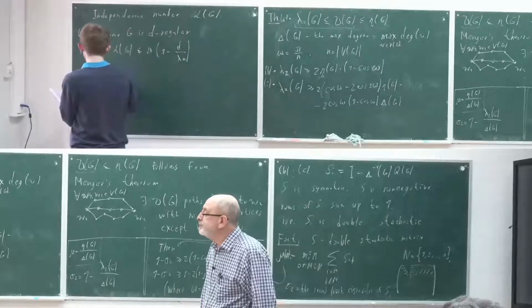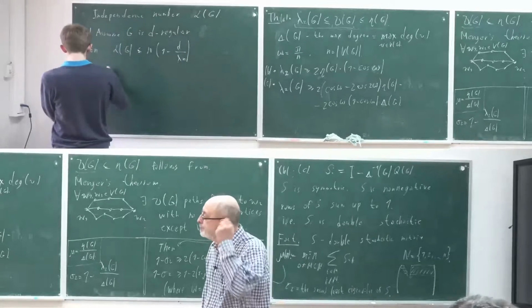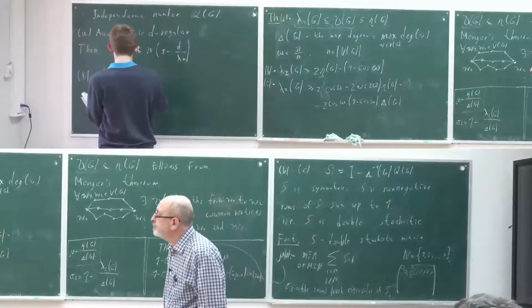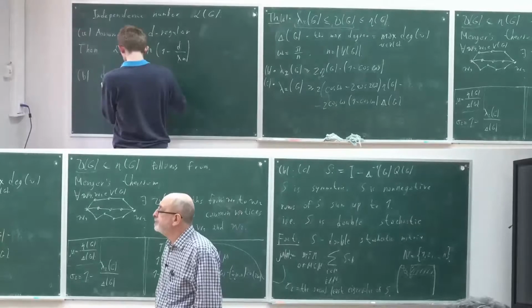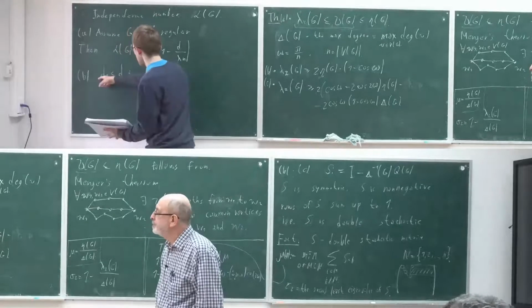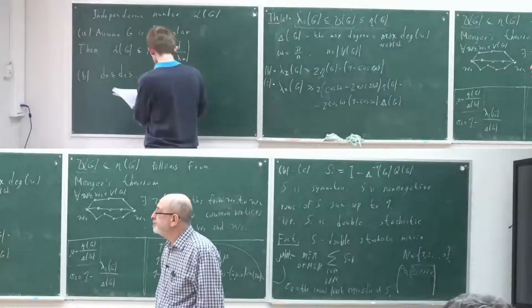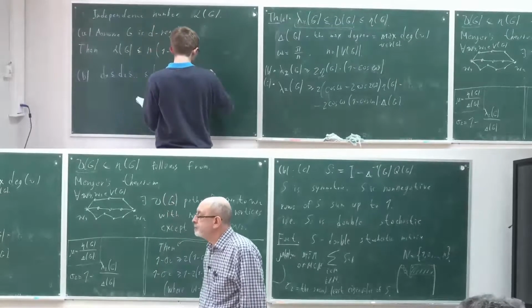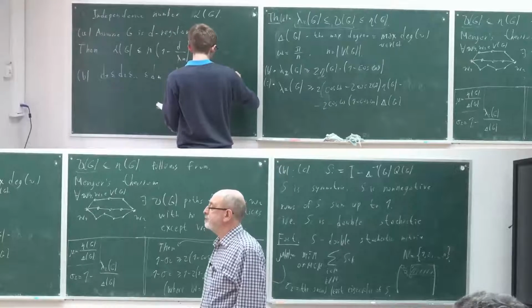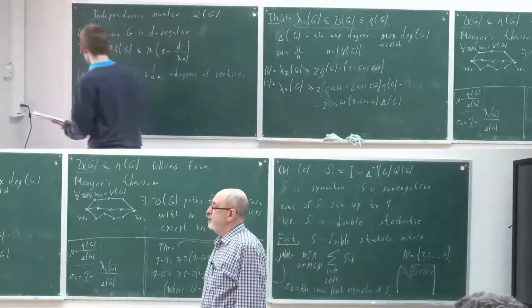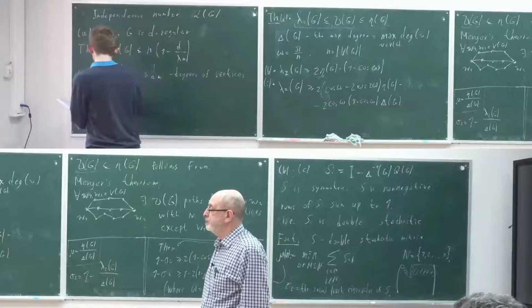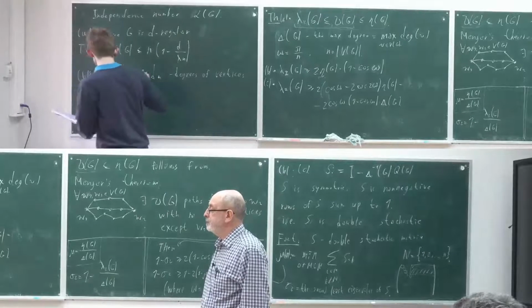Okay, so now let us denote degrees of the vertices by d1, d2, up to dn, such that they increase. And let us denote by E_R the average of the first R degrees.